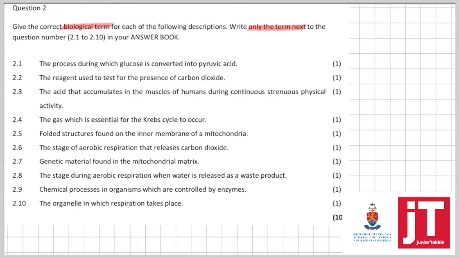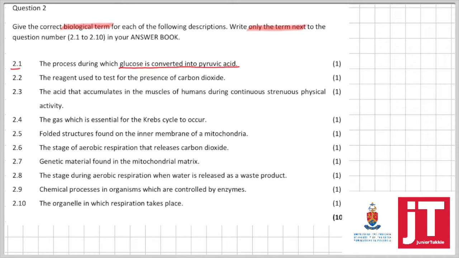Okay, great. So if we start with that understanding and we look at question 2.1, we see here that it refers to the process during which glucose is converted to pyruvic acid. Now remember, we're dealing with cellular respiration, and if we know this process well, and we should by now, these are just practice questions to get us ready for our final formal assessment, we'll know that glucose is converted to pyruvic acid in the early stages of cellular respiration, and that is the process of glycolysis.